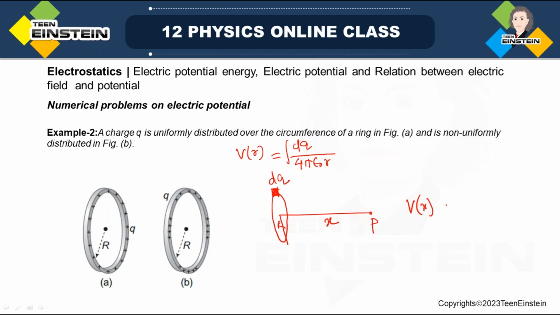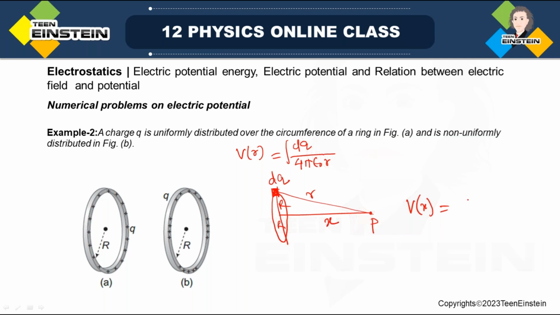That will be a function of x. So this is suppose r, and this is capital R, as you know, the radius of the ring.